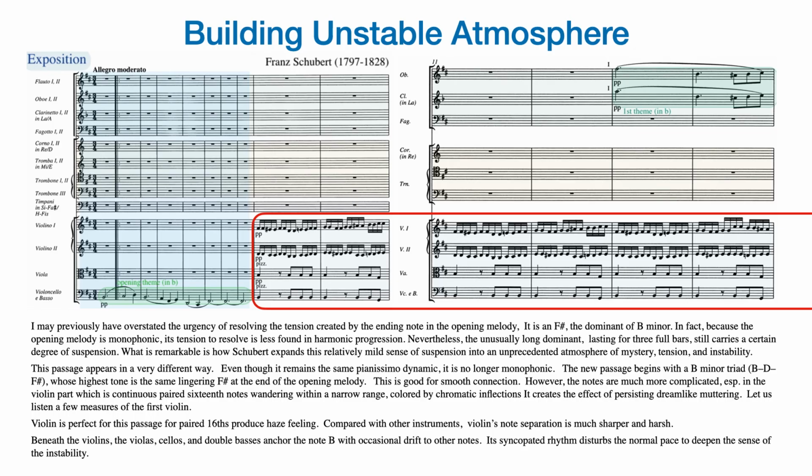And it happens that the first violin's top note, F sharp, is the same as the lingering F sharp in the opening melody. This allows a smoother transition from the opening melody to this passage.